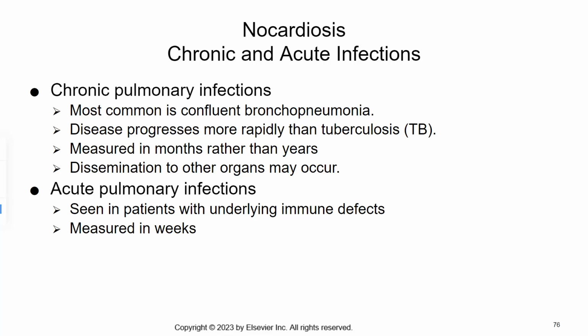Chronic pulmonary infections, most common is confluent bronchopneumonia. The disease progresses more rapidly than tuberculosis, measured in months rather than years. Dissemination to other organs may occur. Acute pulmonary infections are seen in patients with underlying immune defects. It's measured in weeks.